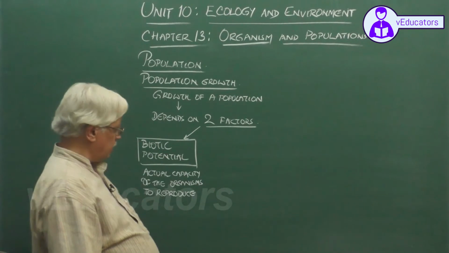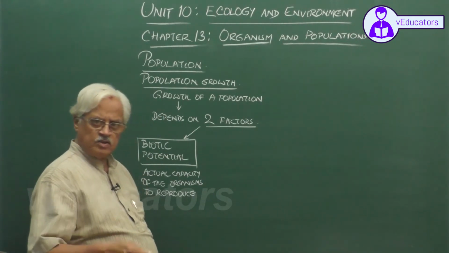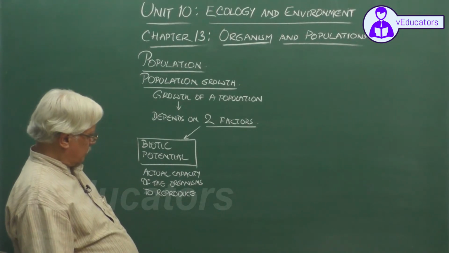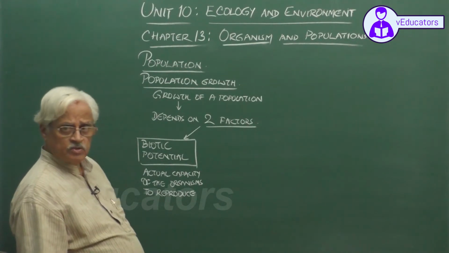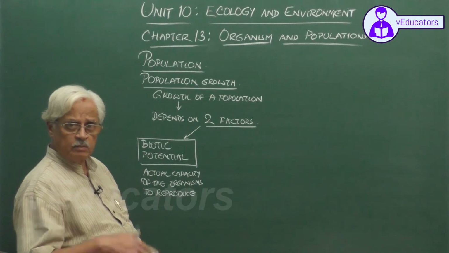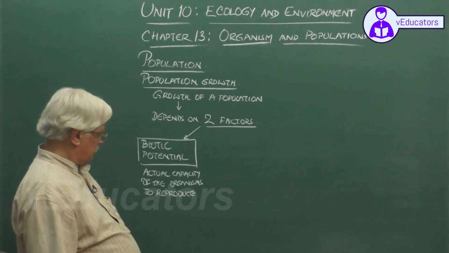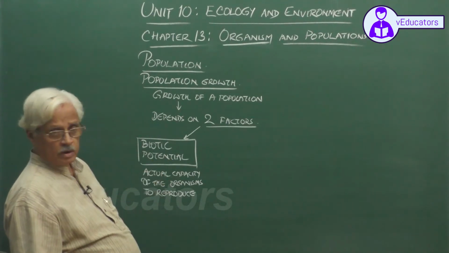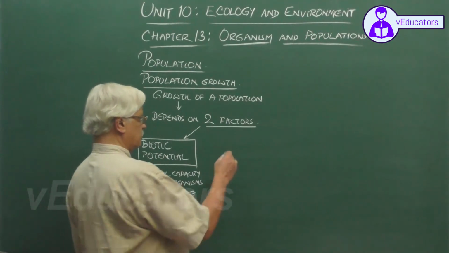There are organisms like bacteria which can increase in seconds. Every 20 seconds the bacterial cell becomes 2. So actual capacity of the organisms to reproduce and increase, that is called biotic potential.